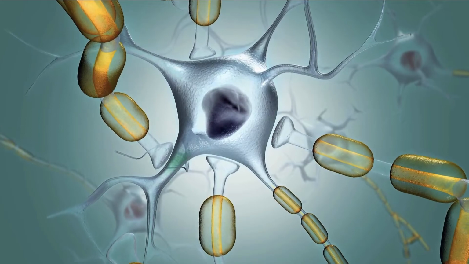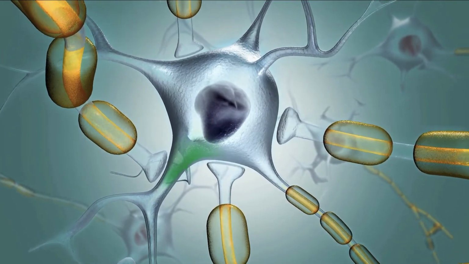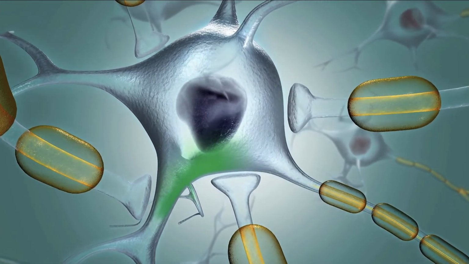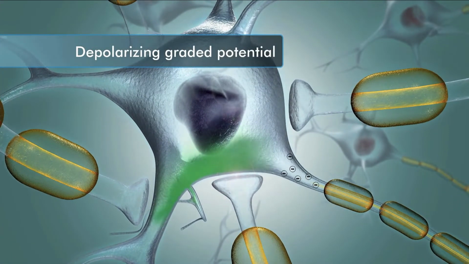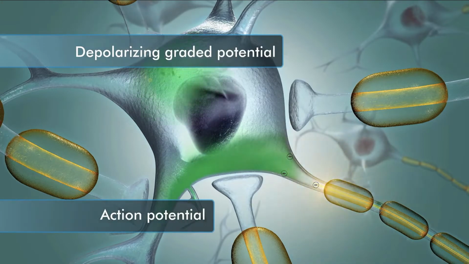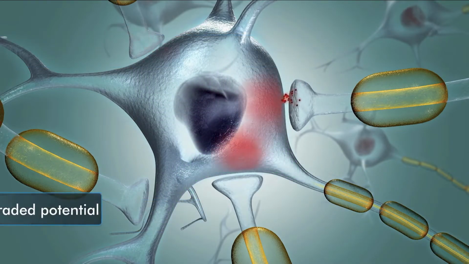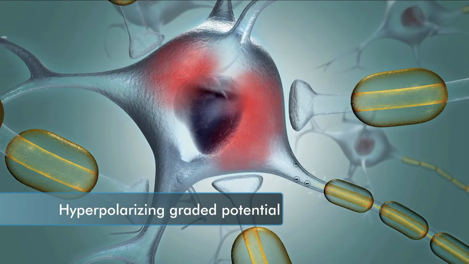Since depolarizing graded potentials cannot individually reach threshold, an insufficient quantity does not cause a response at the trigger zone. If, on the other hand, there are enough of them to reach threshold, an action potential is generated. If there are more hyperpolarizing graded potentials than depolarizing, the net membrane potential in the trigger zone becomes even more negative than the resting potential.